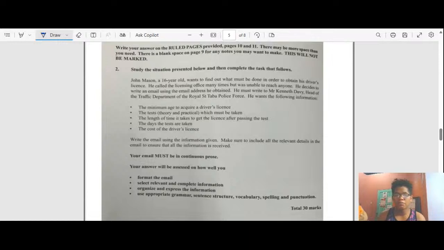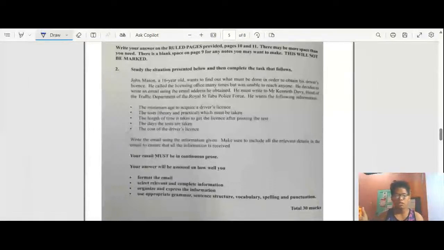He wants the following information: the minimum age to require a driver's license, the tests, theory and practical, which must be taken, the length of time it takes to get the license after passing the test, the days the tests are taken, and the cost of the driver's license. Write the email using the information given. Make sure to include all the relevant details in the email to ensure that all information is received.